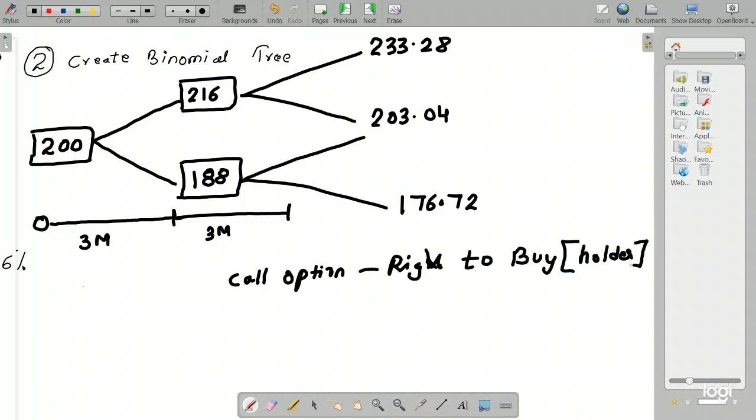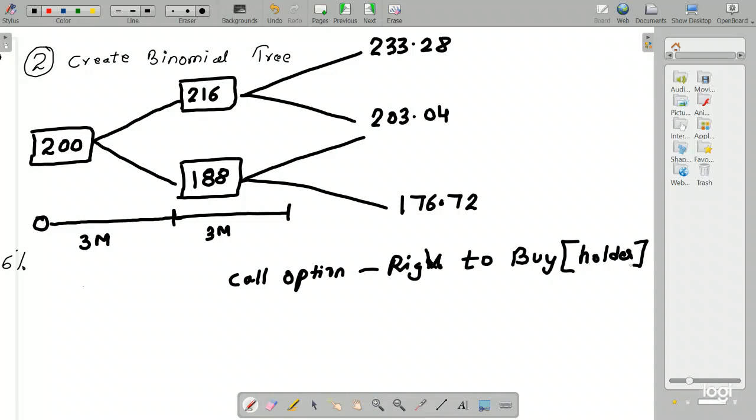Whoever is the holder, if he says he wants to exercise the contract, the other party, who is the writer of the contract, is basically going to agree to that, right? He can't say no, I don't want to, because he has no right. So whoever holds the right has the right to buy in a call option, and the other party is the obligatory party.